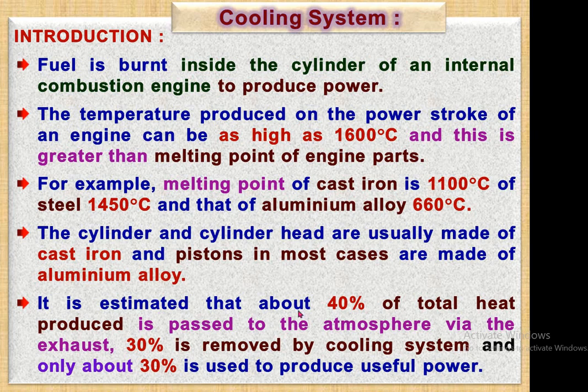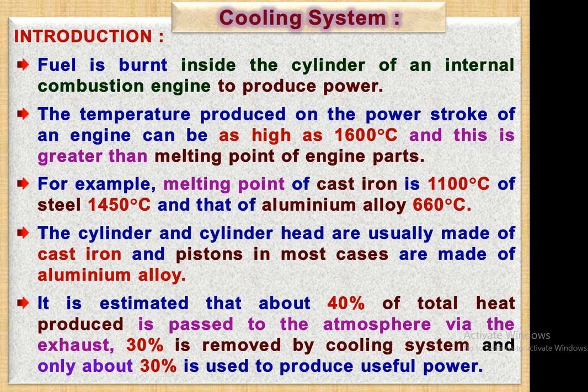It is estimated that about 40% of the total heat produced is passed to the atmosphere via the exhaust. Means during the exhaust stroke, 40% of the energy produced by burning of fuel in the power stroke goes out with the exhaust gases into the atmosphere.